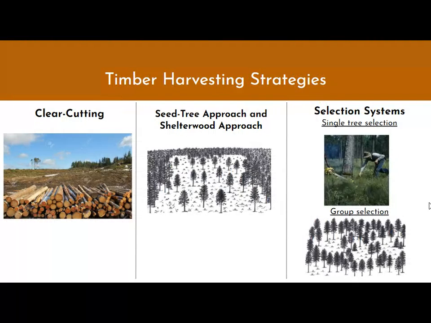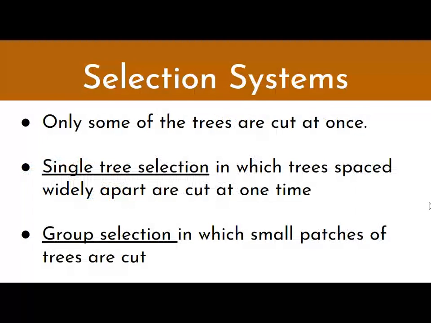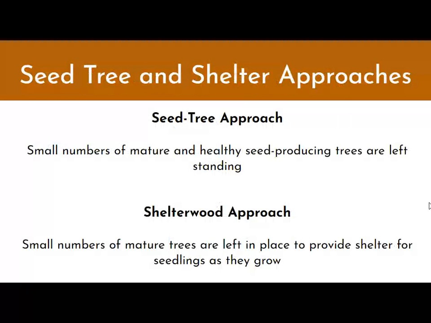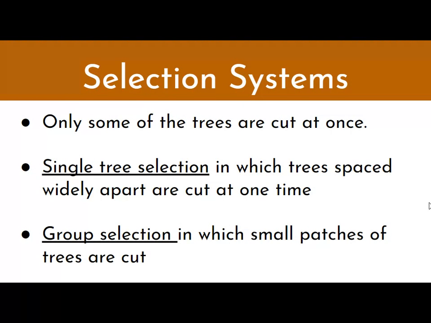We can run these on a scale of which ones are better for the economy and which ones are better for the environment. Obviously, clear cutting would be the best for our pockets, but the worst for the individuals living in that area.